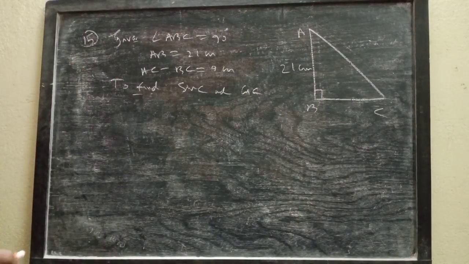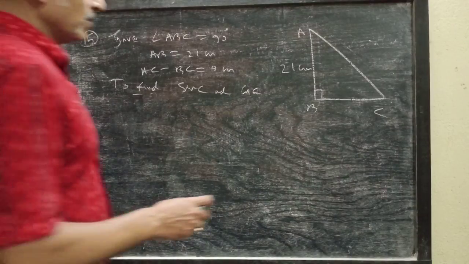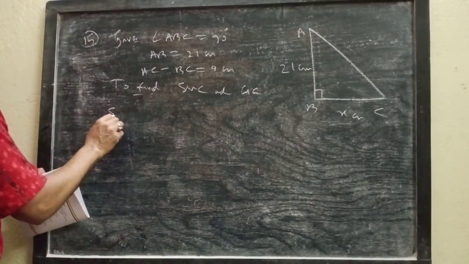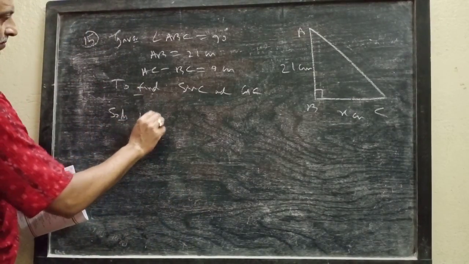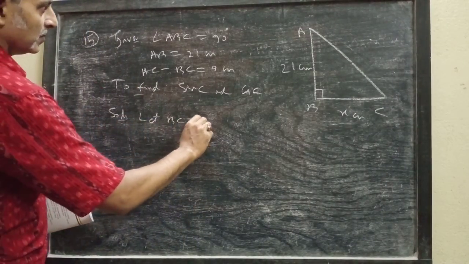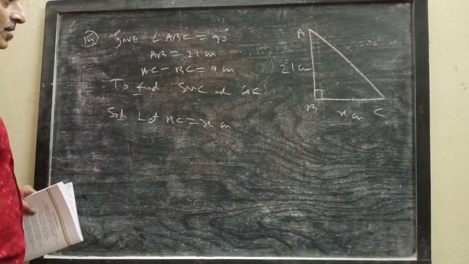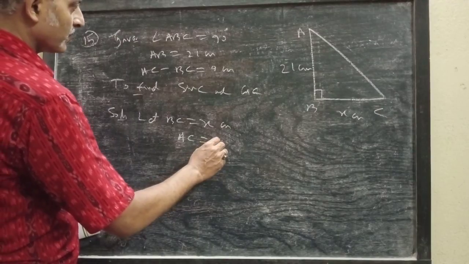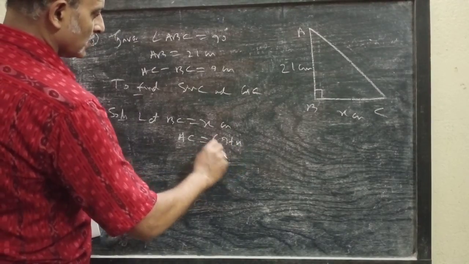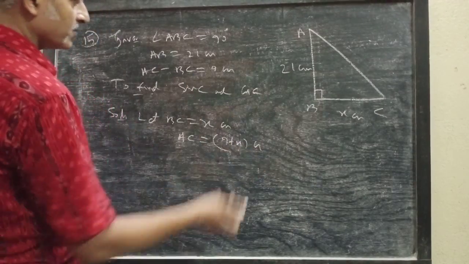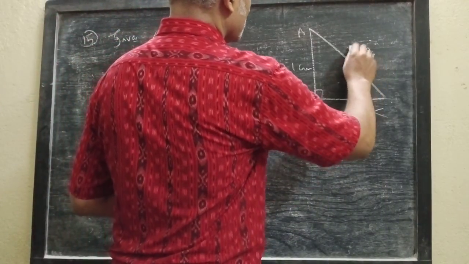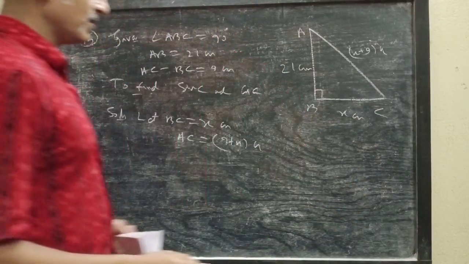So we will solve it in this way. We will consider BC as x centimeter. Therefore, AC will be 9 plus x centimeter, since x will be shifted to that side. AC is x plus 9 centimeter. This is x centimeter.